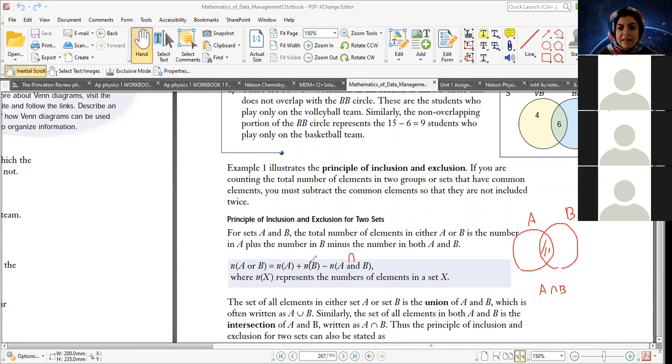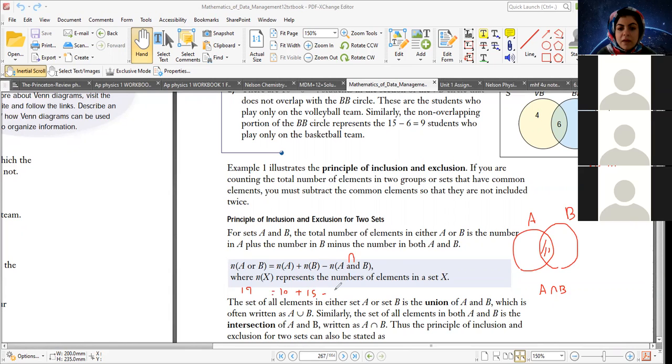What we did, we added them. In volleyball there were 10 students, in basketball 15, and the total was 19, right? So here we have 19 as a total, here we have 10, here we have 15.